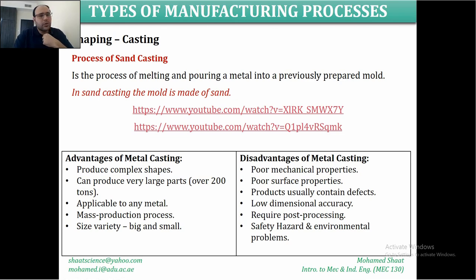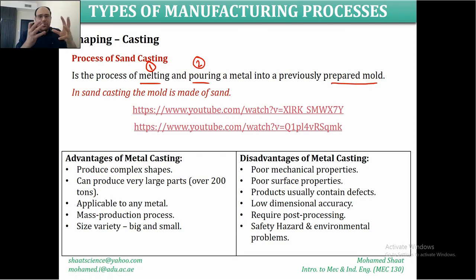In the sand casting process, or casting in general, it is the process of melting and pouring. So there are two things that we have to do. First, we have to melt the raw material. Melt means to convert it from solid to liquid state. The second step is to pour this metal into a pre-prepared mold. We said that this mold should involve a cavity.